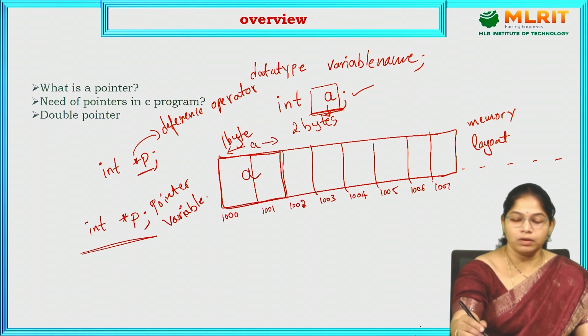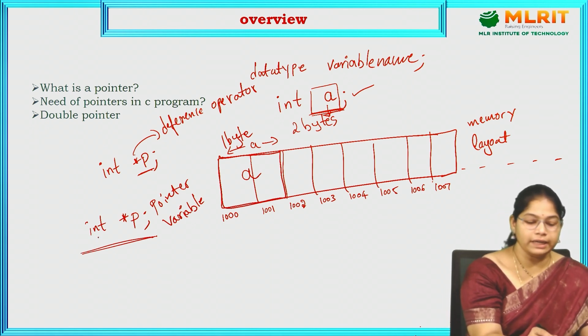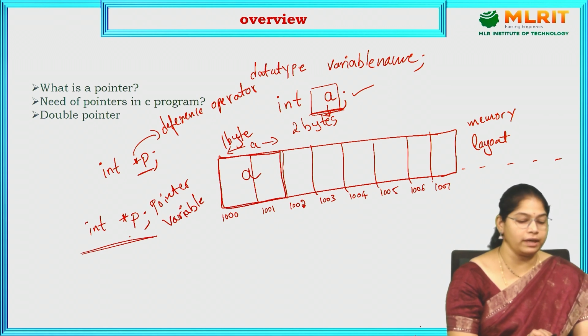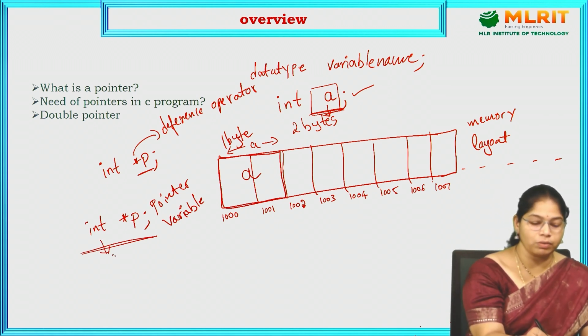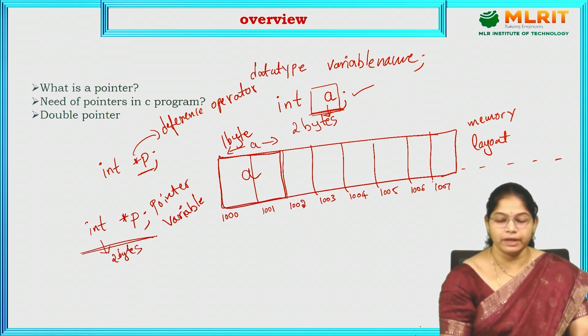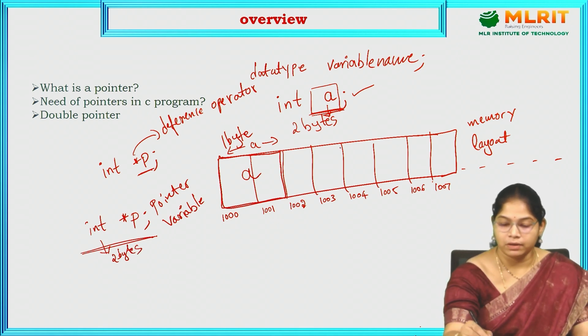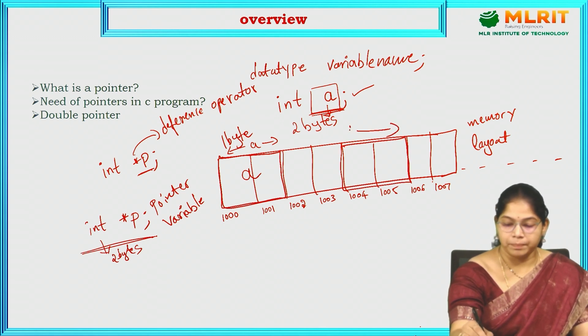Like a normal variable, here I declared int asterisk p, for which some memory is allocated to this variable p also, which is of type integer. So 2 bytes of space is allocated to the variable p in the computer's memory. Let us suppose here we have p.